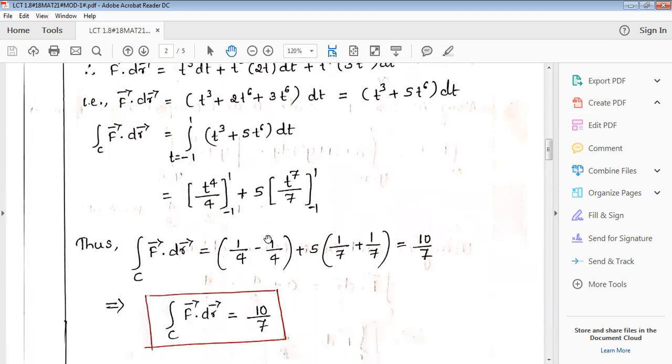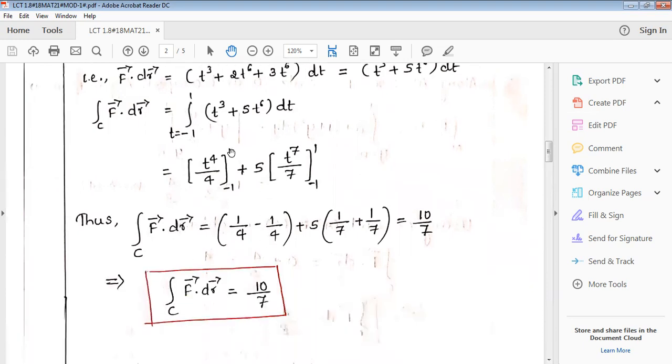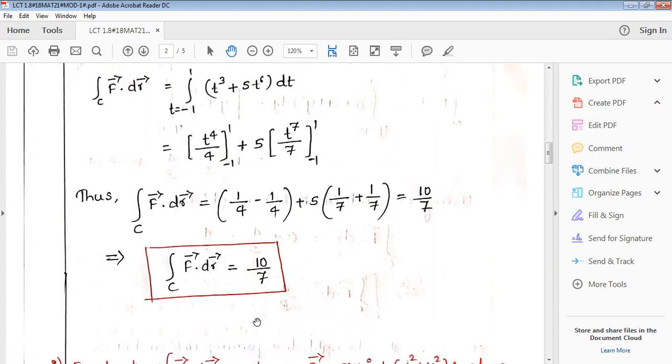When you integrate and apply the limits, it is t raised to 4 by 4 from -1 to +1 plus 5 times t raised to 7 by 7 from -1 to +1. When you simplify, you get the value of this integral as 10 by 7.